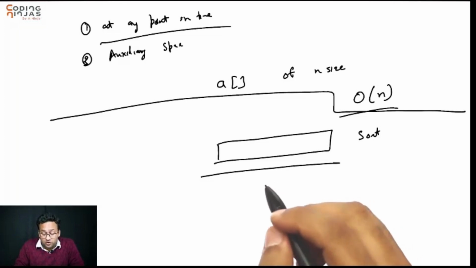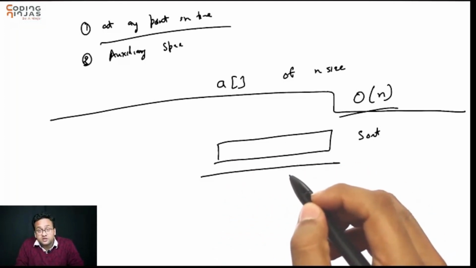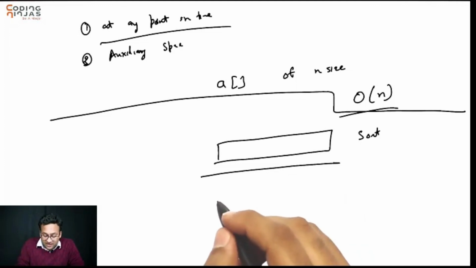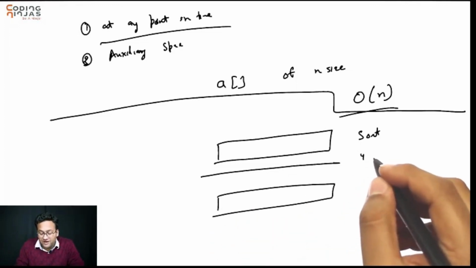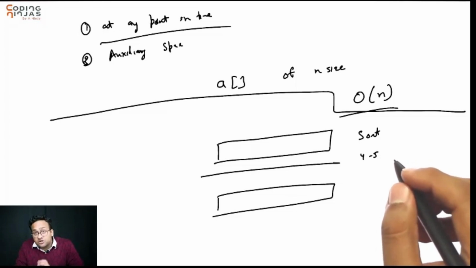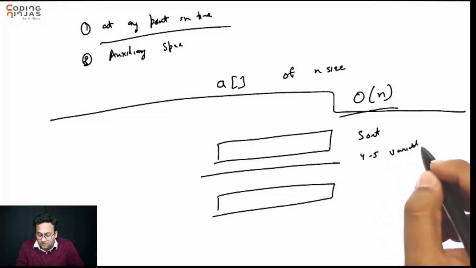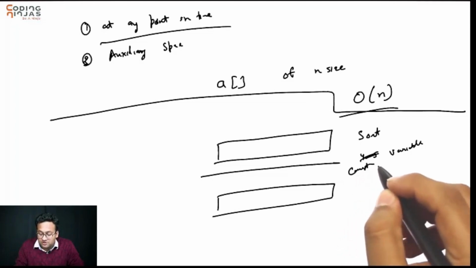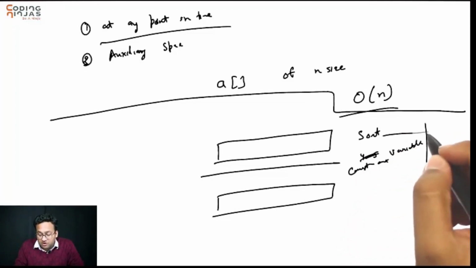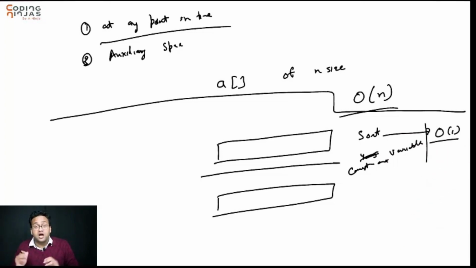So if the algorithm is able to sort in place, and it does not require any additional array, or if it requires only 4, 5 or 100, whatever, some constant number of variables, then my algorithm is big O of 1, because whatever array you gave me, I am not using any extra space other than that, except a constant number of variables. I am not creating another list of size n.